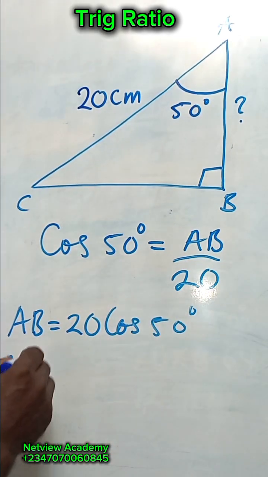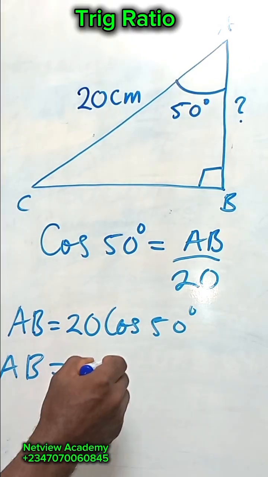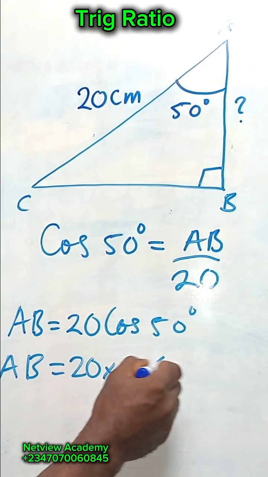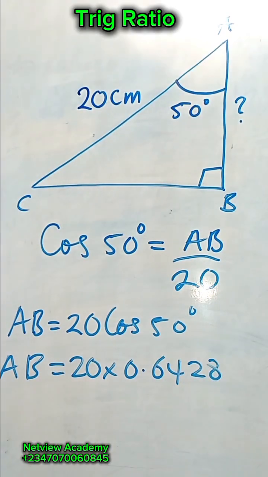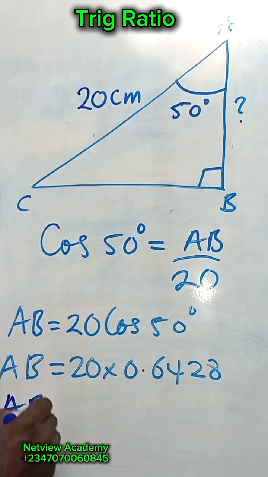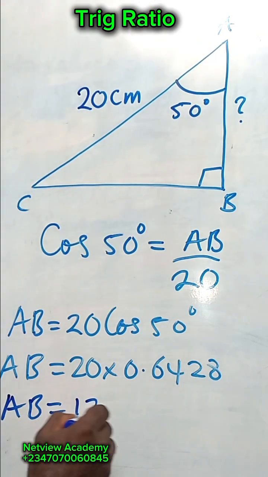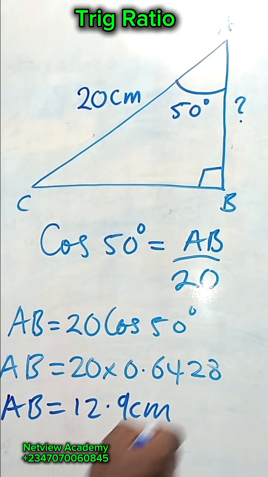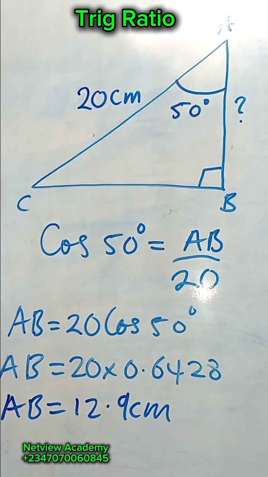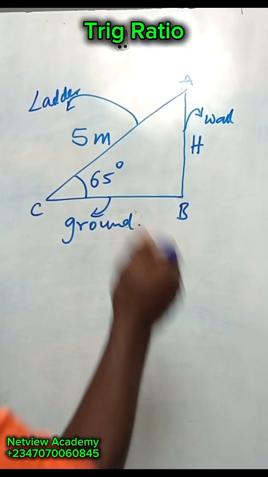The value of cos 50 degrees is approximately 0.6428. 20 multiplied by 0.6428 is approximately 12.9 cm. Therefore, the length of AB, the adjacent side of the right angle triangle, is equal to 12.9 centimeters.